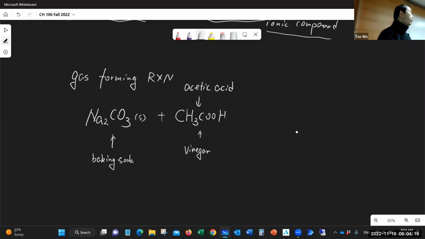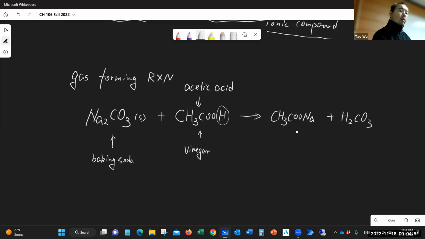Baking soda plus vinegar will generate, well, again, this is a double displacement reaction. The hydrogen will combine with the carbonate, making acetic acid's counterpart, sodium acetate, plus carbonic acid.